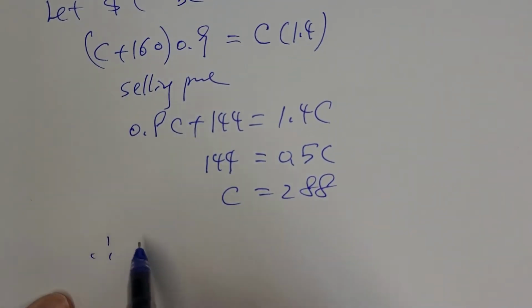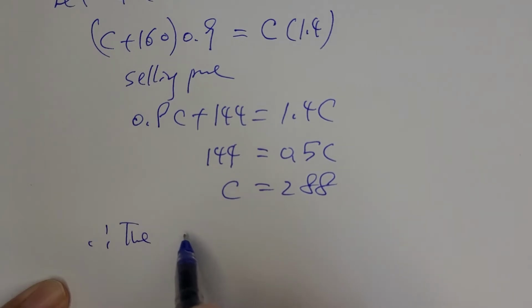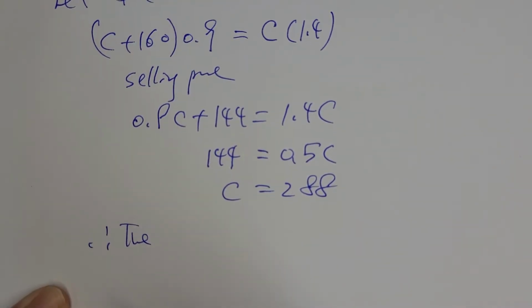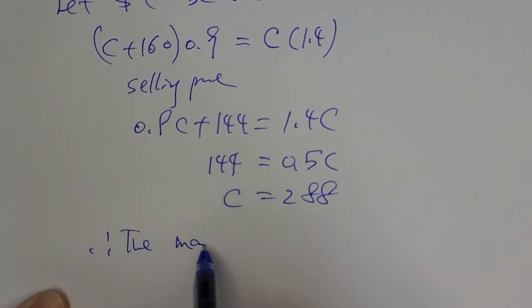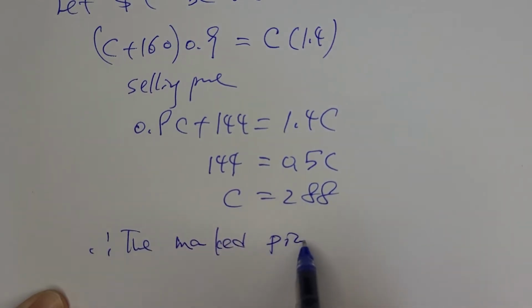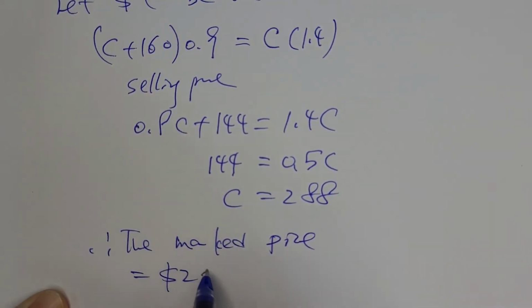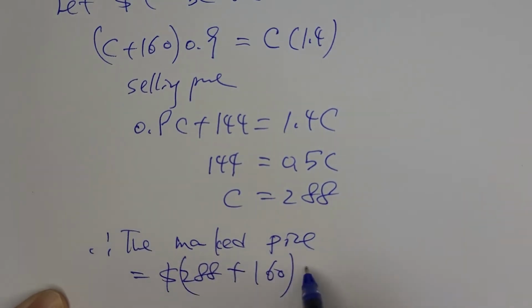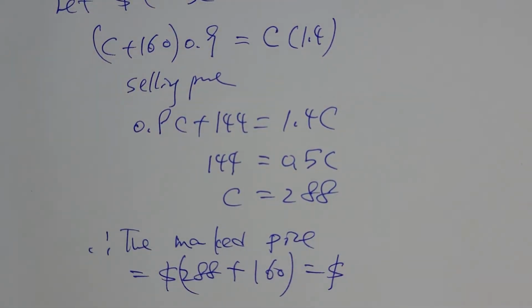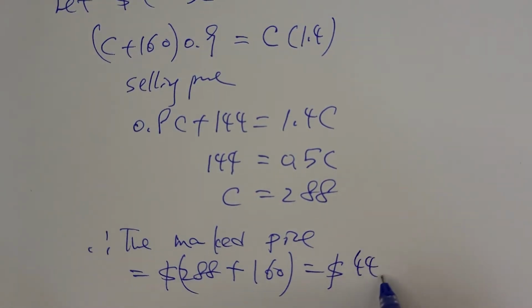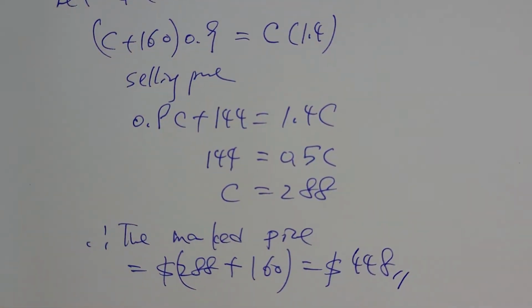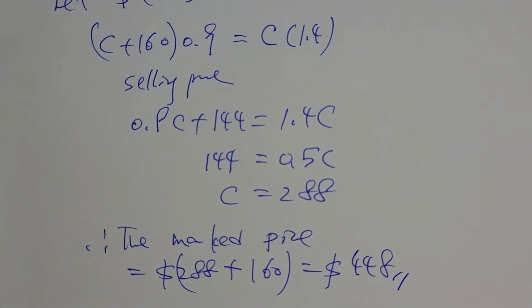So the cost is 288, and the marked price is 288 plus 160. Then you can get the final answer, 448. Okay, let's finish the question number 4.